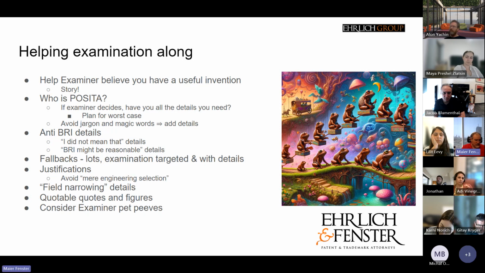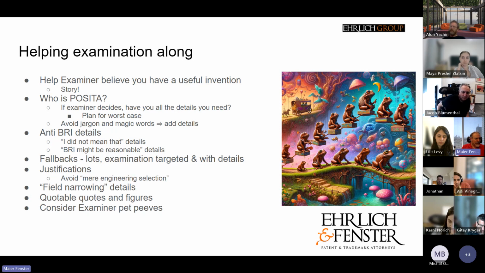Of course, examination requires fallbacks. We have to have lots of fallback positions. And all of these fallback positions need details. I mentioned before, you need to have justifications. Otherwise, the examiner is often not partial to selecting an item out of a list and saying that it's patentable. Field narrowing details.